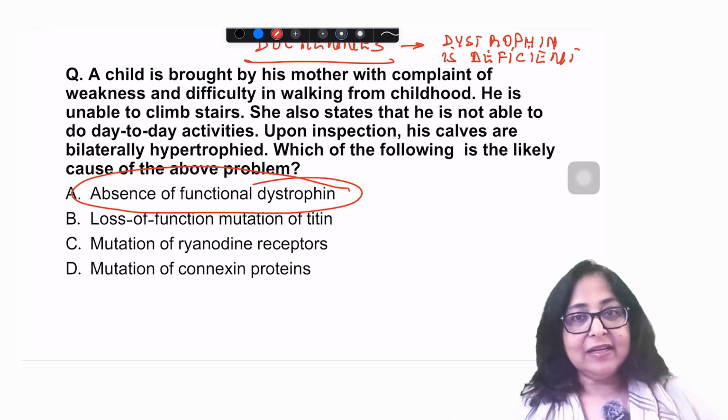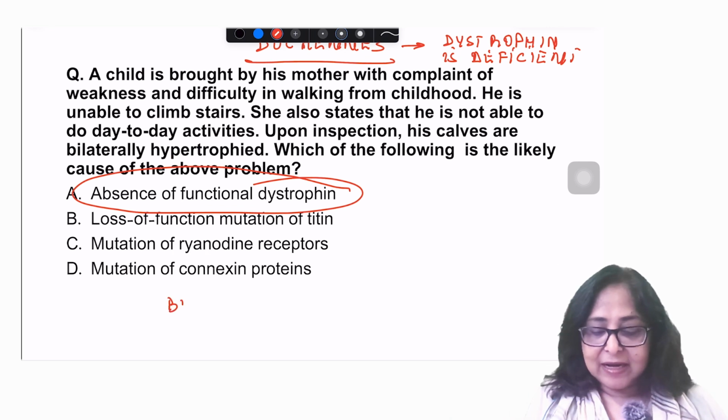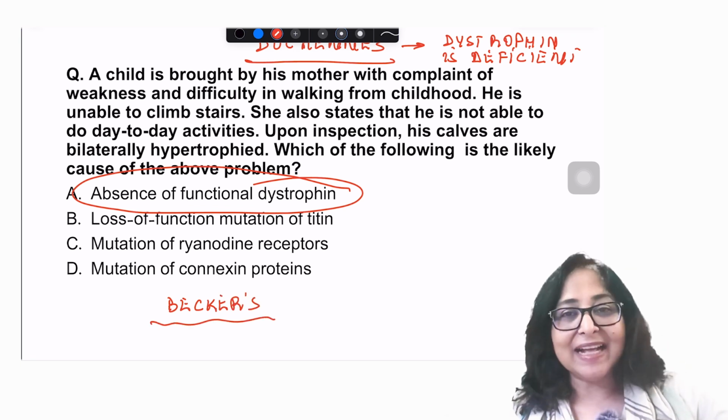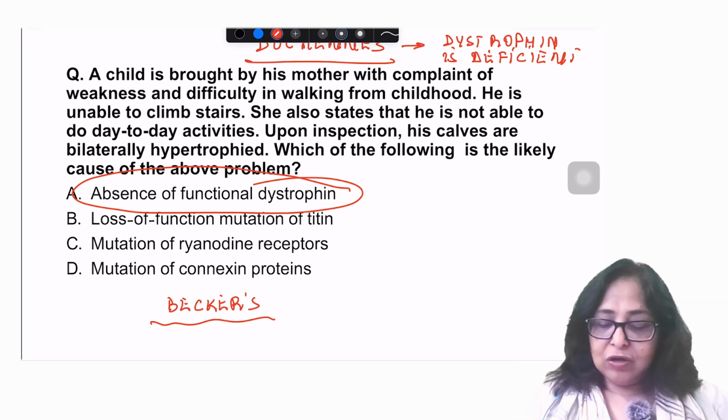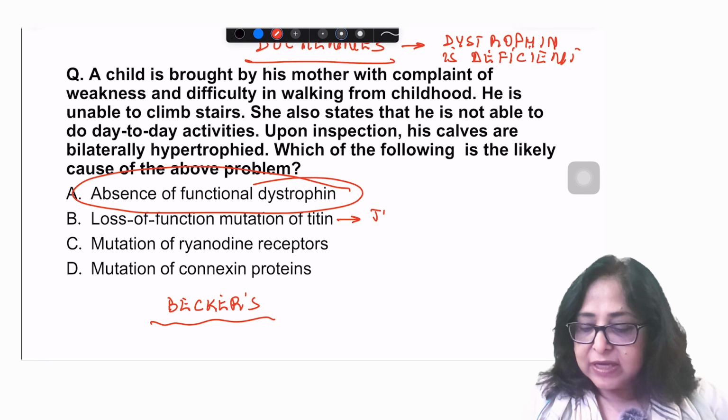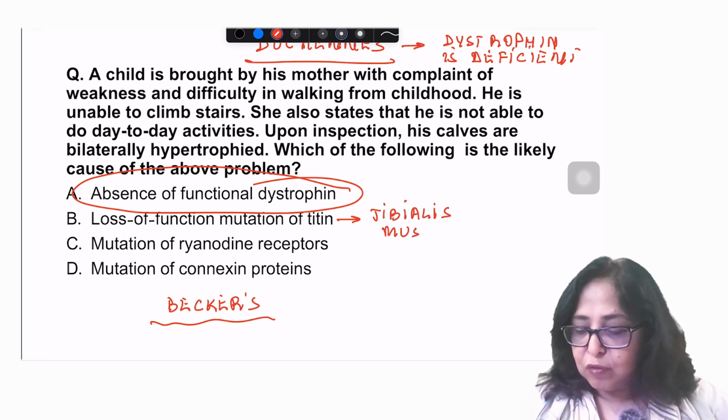There is another clinical condition which is called Becker's. In Becker's, dystrophin is present but reduced. Remember, Becker is better. Loss of function mutation of titin gives rise to a clinical condition which is called tibialis muscular dystrophy.